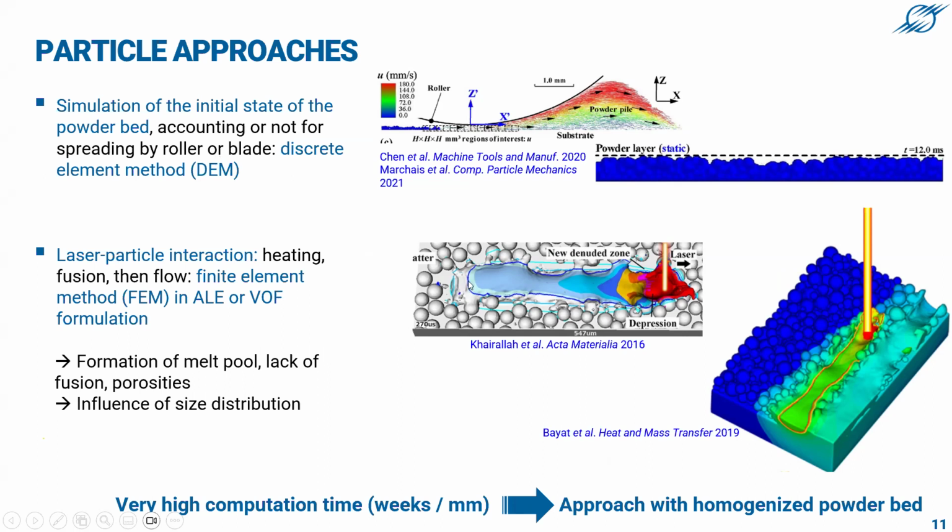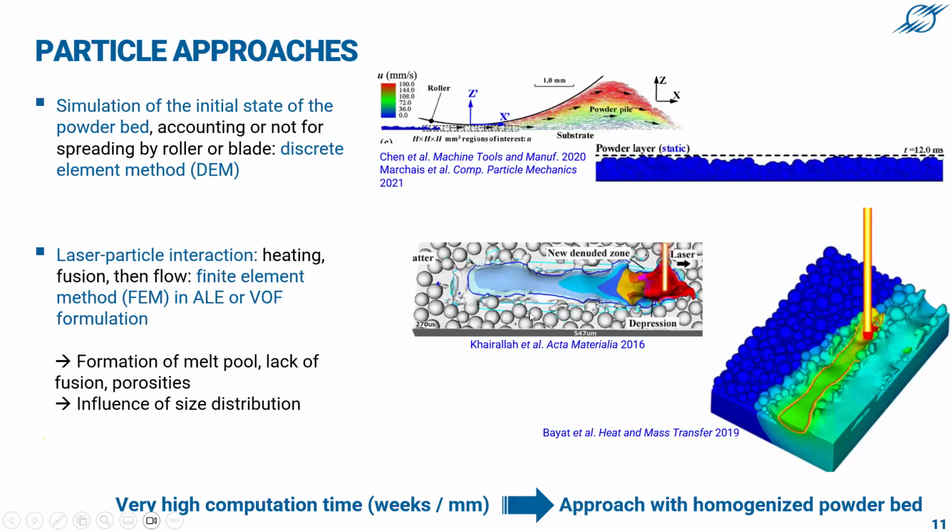And what is also in the literature is numerical simulation in which each particle is discretized. It can be using ALE method, arbitrary Lagrangian Eulerian, or volume of fluid or level set methods.